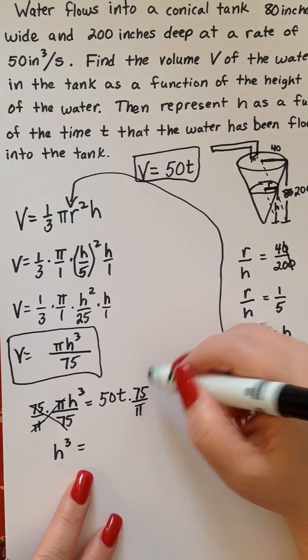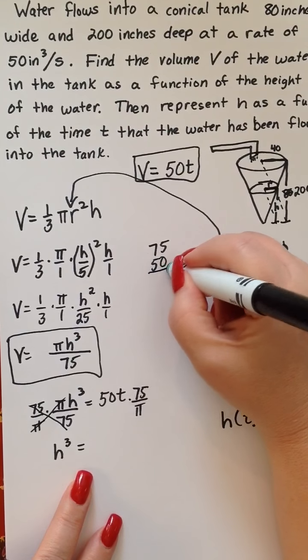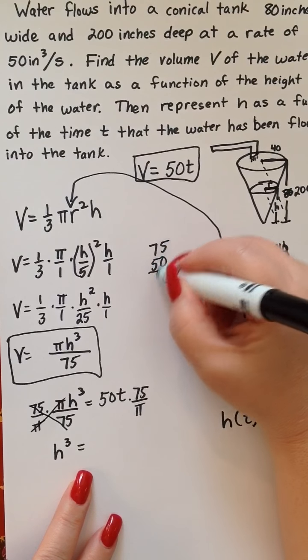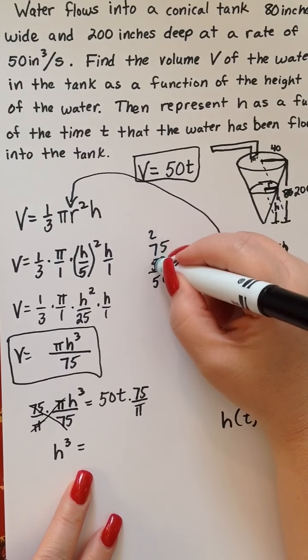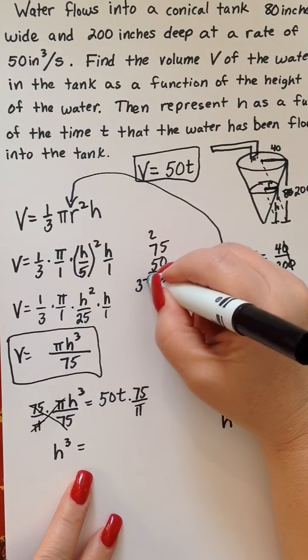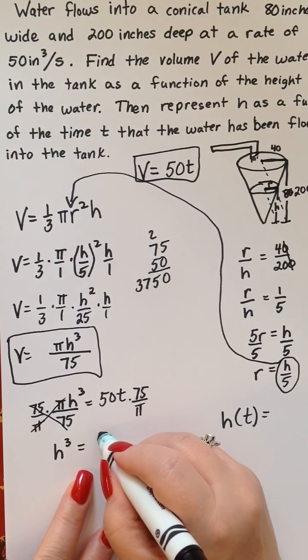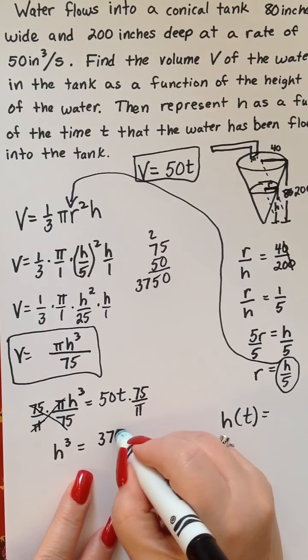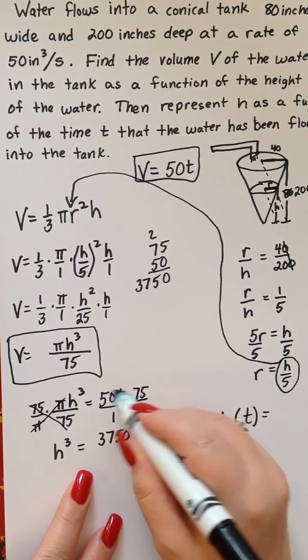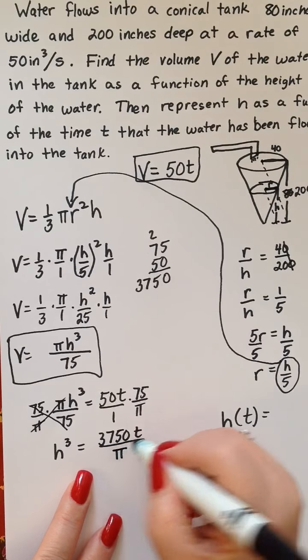Well, 50 times 75, let's just say we do it like this. This would be 0, 5 times 5 is 25, carry the 2, 5 times 7 is 35, plus 2 is 37, so 3750. So I have 3750, remember this is like over 1, multiplying these, t over pi.